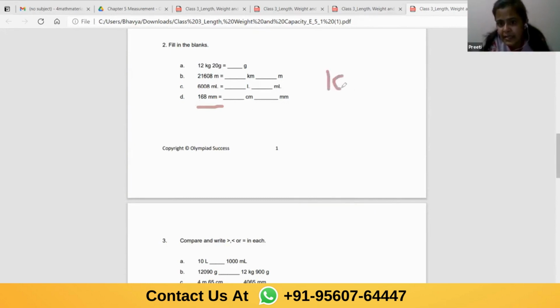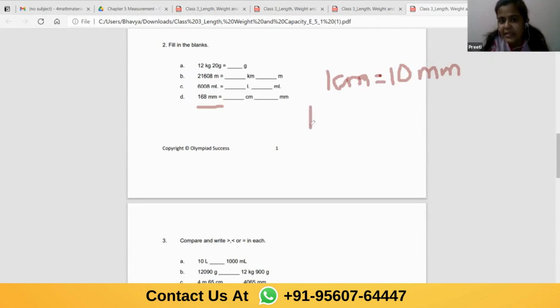Bacha, in this question, you have to note down that 1 centimeter is equal to 10 millimeters, because I did not teach you millimeter last time. So please make a note of this.